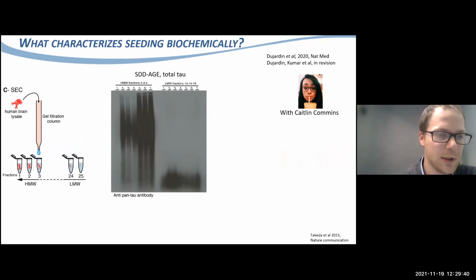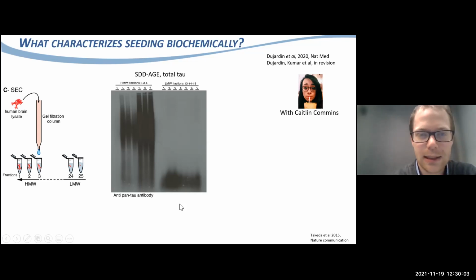The first thing we did was to put them in a size exclusion chromatography. So we put this brain lysate, and we basically got fractions of high molecular weight versus low molecular weight tau. The multimeric tau will fall in high molecular weight, and the monomeric and truncated forms of tau will fall into the low molecular weight.